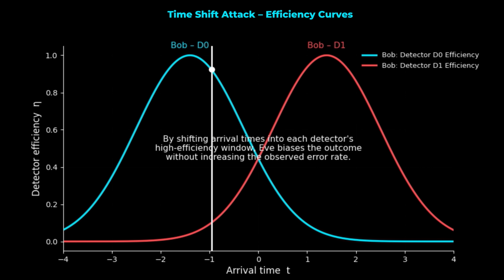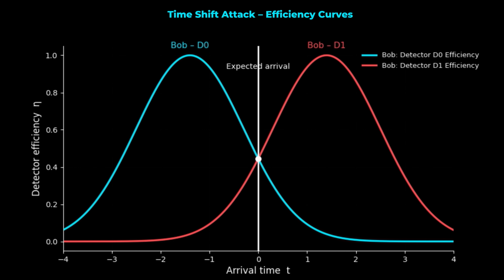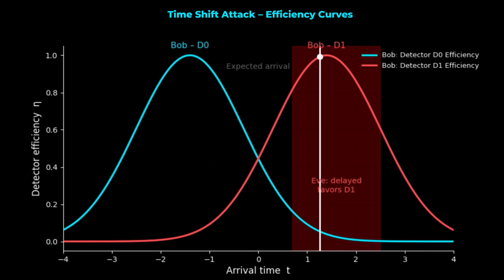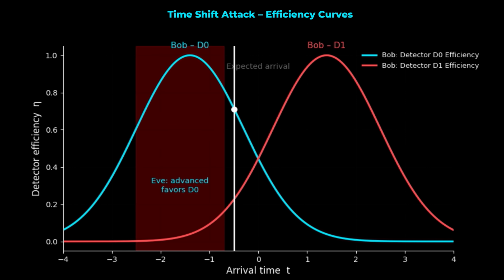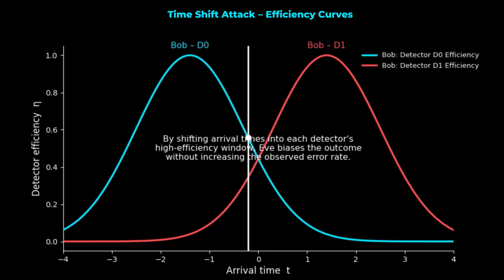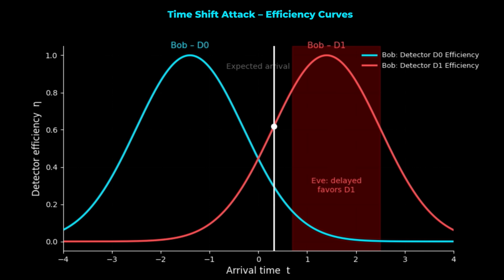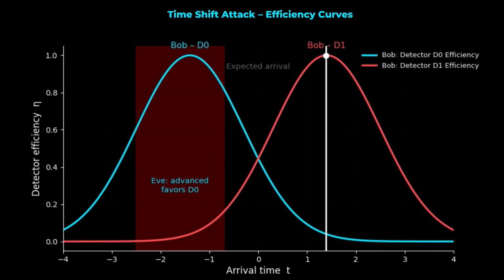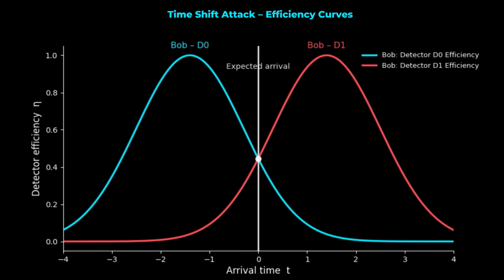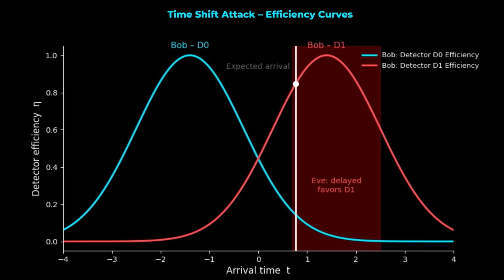This is why modern QKD systems now include countermeasures such as decoy timing, uniform gate shaping, and detection efficiency equalization. Because without these defenses, timing attacks like this give Eve an invisible, surgical tool to steer measurement outcomes without ever touching the quantum state itself.